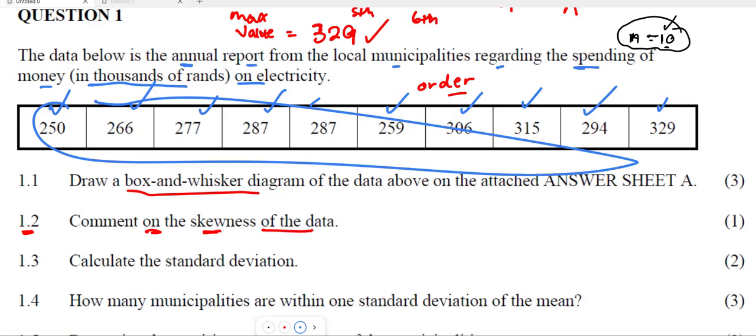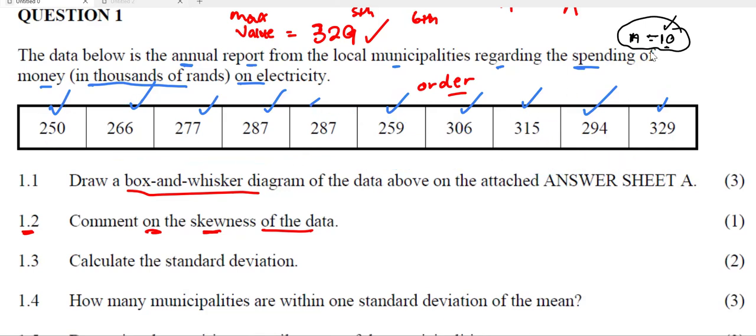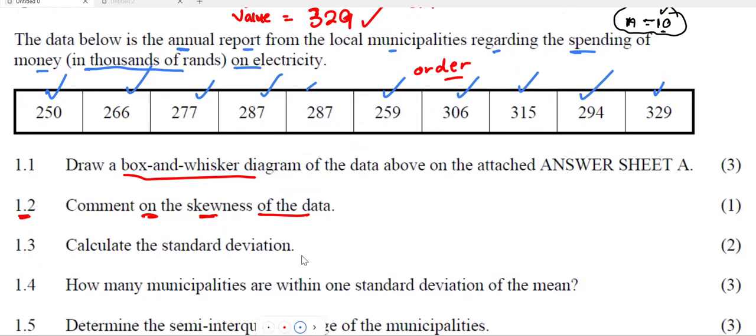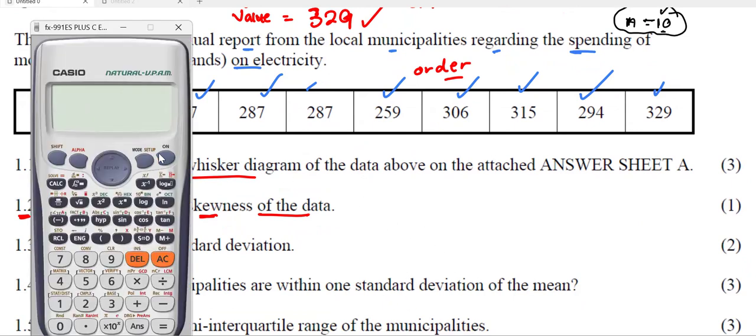Let's find the mean. Add the terms, divide by 10. Or we can use our calculator, since they also want you to calculate the standard deviation later on. As we understand where the mean is, the standard deviation is also there.